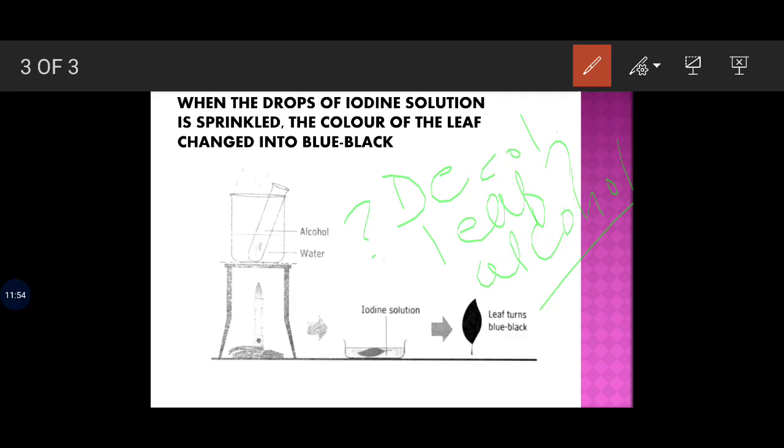We put the leaf into it, and then we put this whole test tube along with the leaf and alcohol into a water bath. Water bath means we have taken a beaker half filled with water. We put the test tube in it, and we put it on the flame. Once the water starts heating, the alcohol also starts heating. And due to the heating of alcohol, what will happen? This alcohol will rupture the chloroplast.